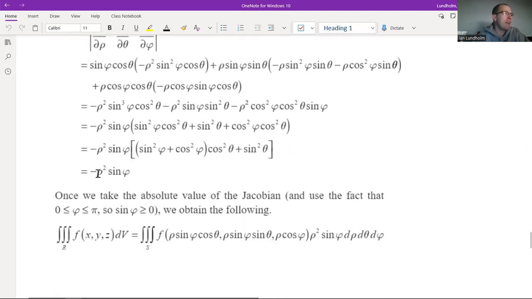But like I said earlier, when we are converting between coordinate systems and working with integrals like this, we're taking the absolute value of the Jacobian just so that we get the scale factor that we need to translate between one coordinate system and the other. So we're taking the absolute value, and that's why we see rho squared sine phi instead of this negative sign in there as well.